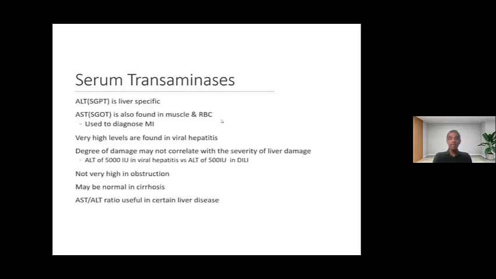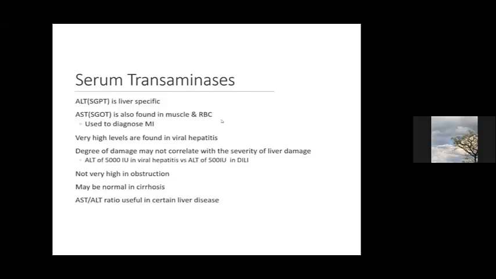But keep in mind, the degree of elevation may not correlate with the severity of liver damage. Sometimes an ALT of 5,000 in viral hepatitis may carry a desirable prognosis compared to 500 with liver injury.